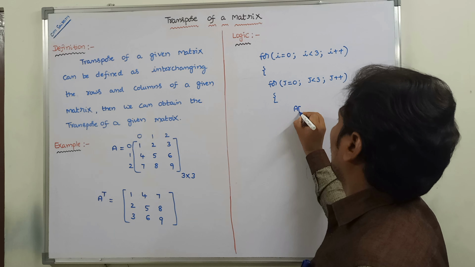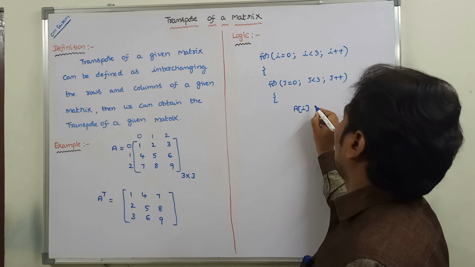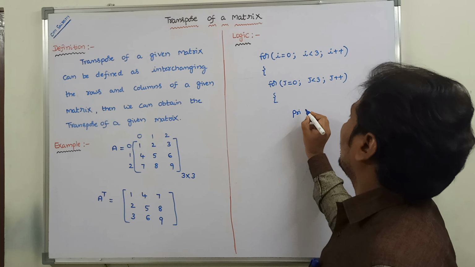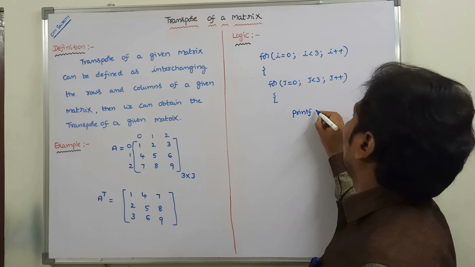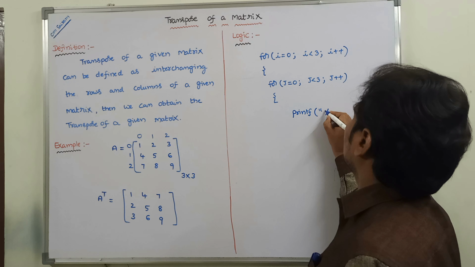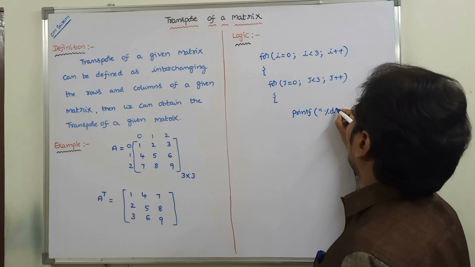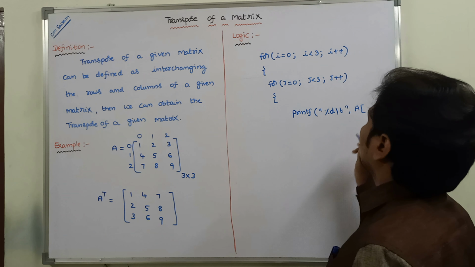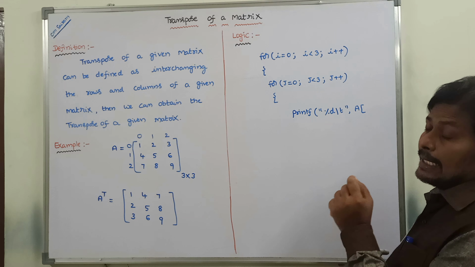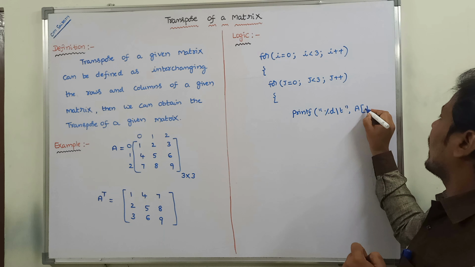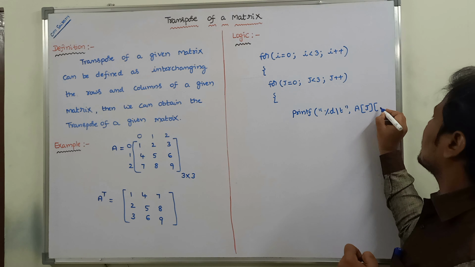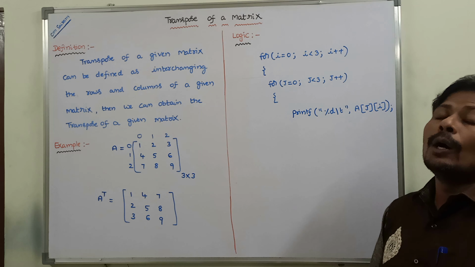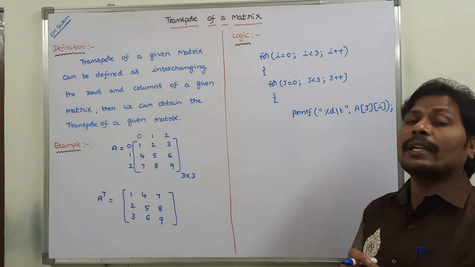Next, printf percentage d slash t in double quotes, and while you are printing, i can be taken as j and j can be taken as i, because we are transposing the given matrix A by interchanging the rows into columns and columns into rows.